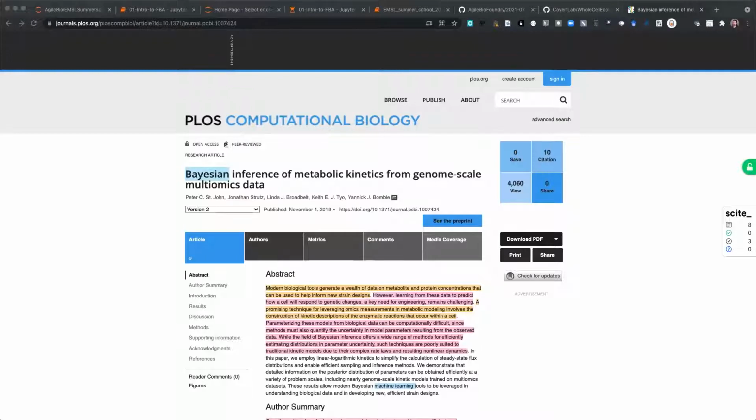So I'll be talking a broad overview of metabolic modeling in KBase. And also time permitting, will show a live demo of the workflow that the students get exposed to this afternoon.